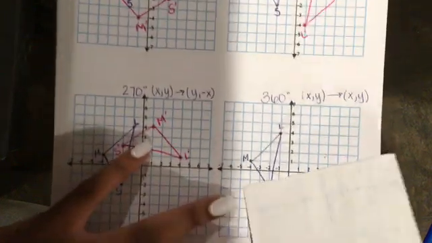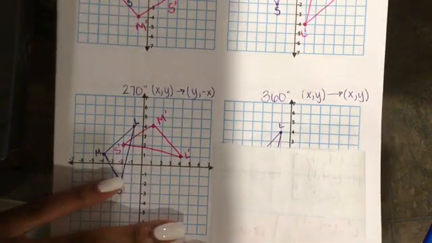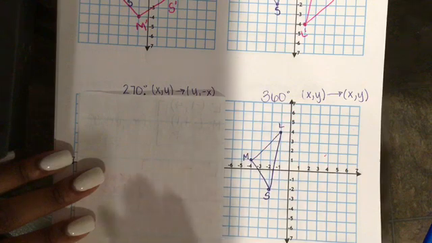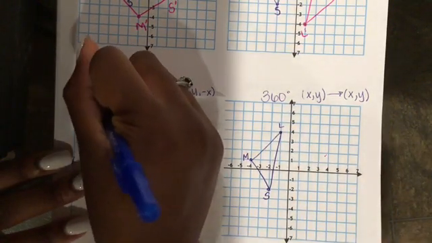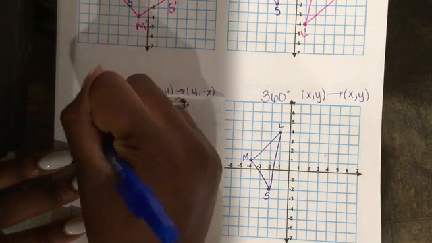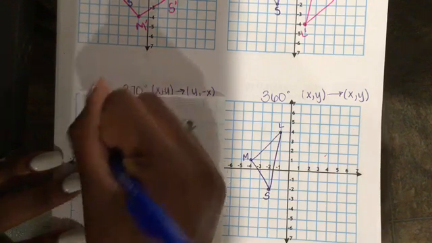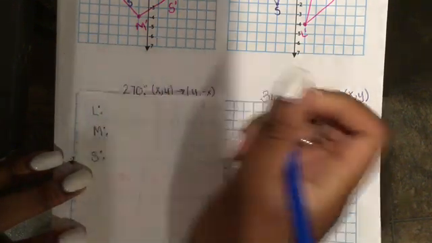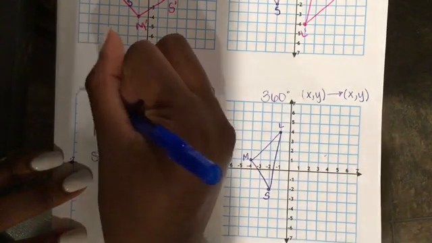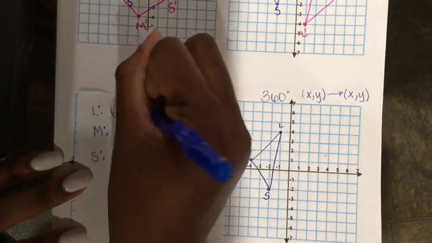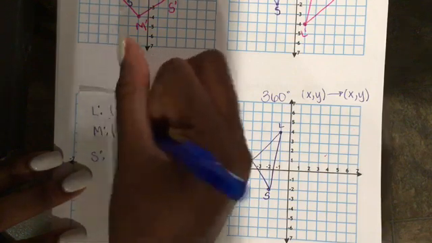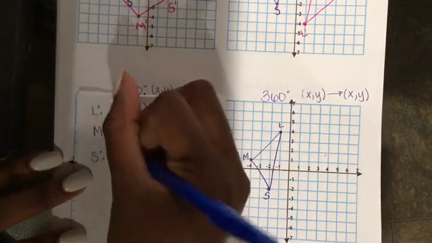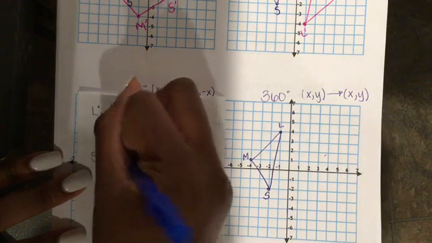So our last but not least rotation, 360. So everything is the same, write your points. So L is -1, 4. M is -4, 1. S, -2, -2.